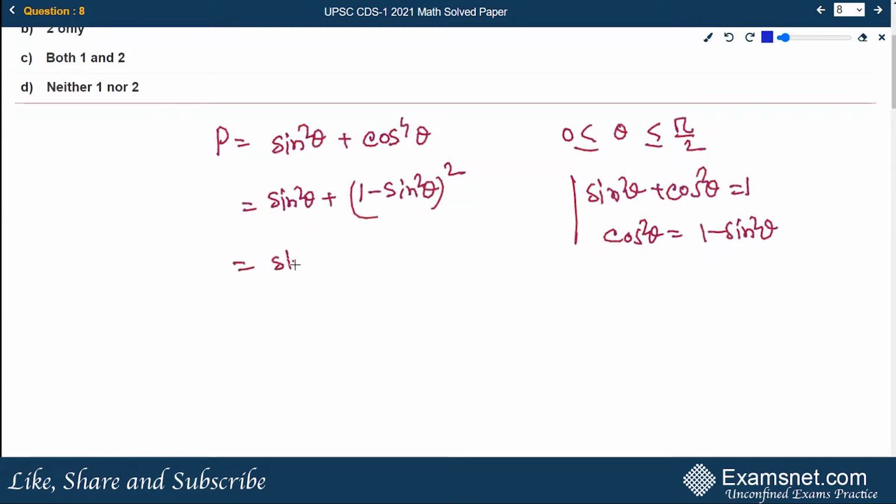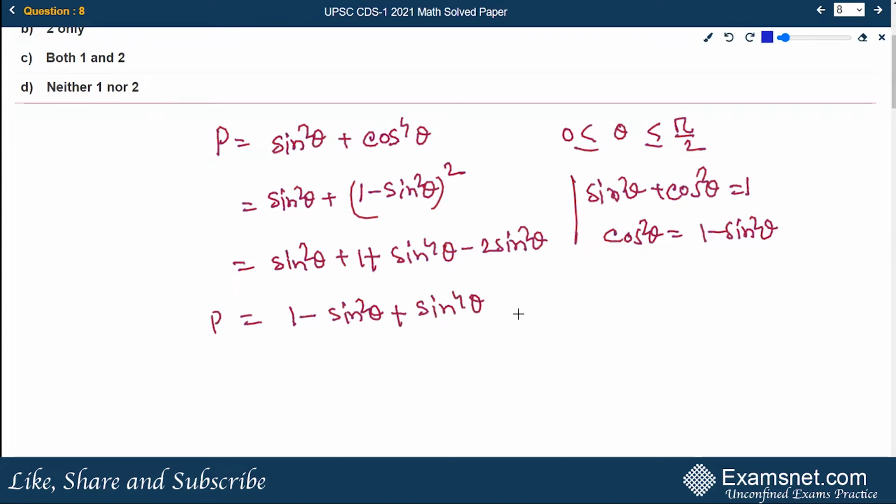Now expand it. We will get 1 plus sine to the power 4 theta minus 2 sine square theta. So it will be 1 minus sine square theta plus sine to the power 4 theta. Let's name the given one 1.